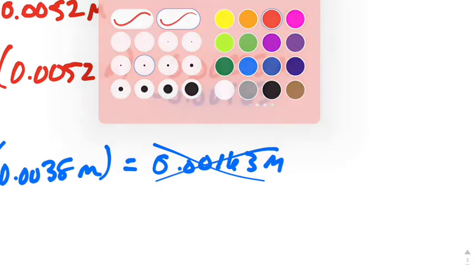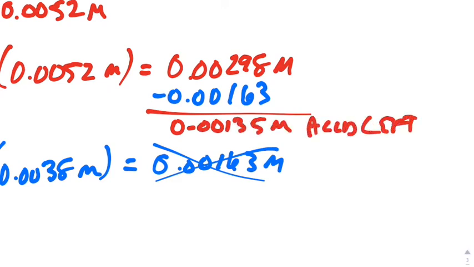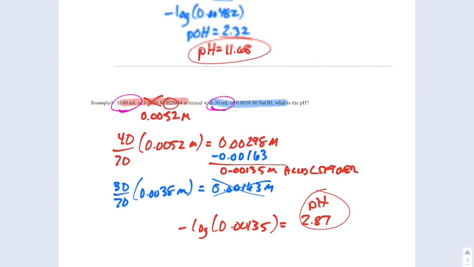So I'm going to be left, as far as acid is concerned, with 0.00135 molarity of my acid that is left over. And so if I take the negative log of 0.00135, I end up with a pH of 2.87 is my pH that's there.